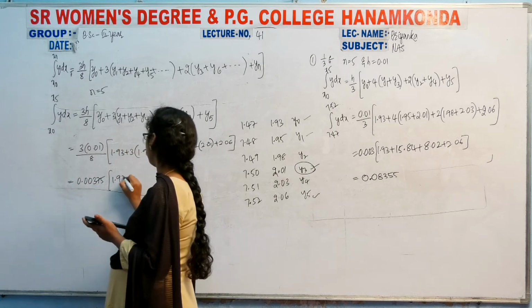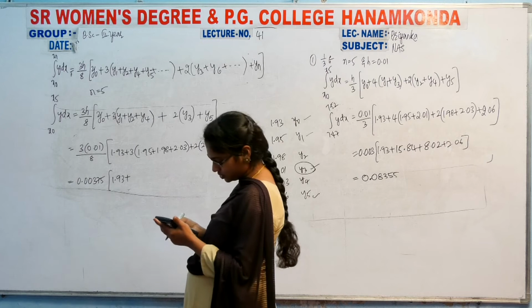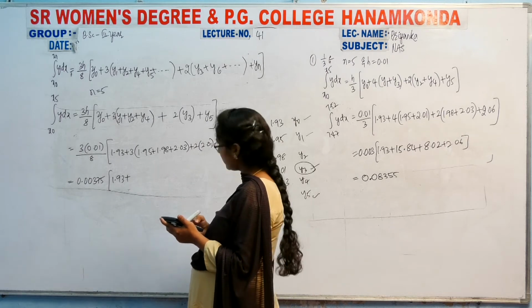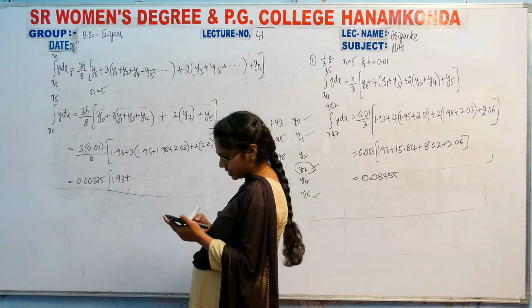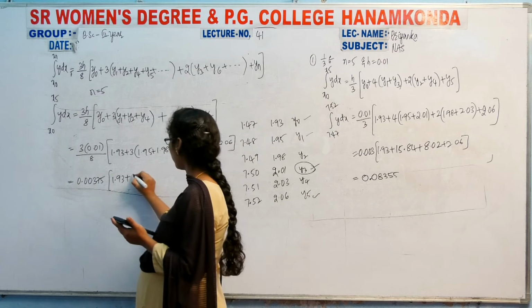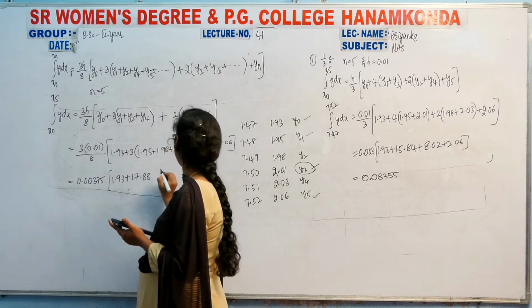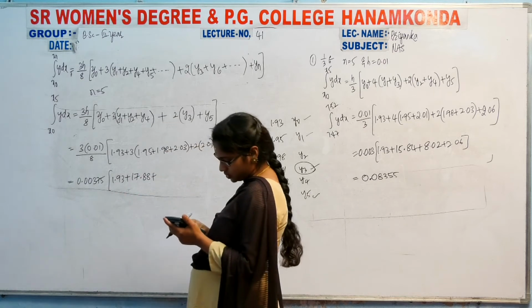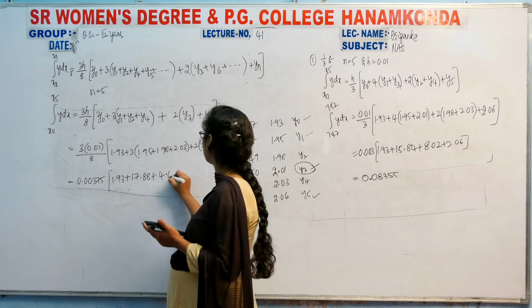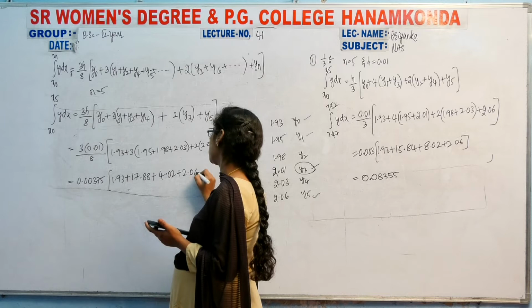Now 1.93 plus, take the sum of these, 1.95 plus 1.98 plus 2.03 equal to, and into 3, so then 17.88 plus 2.01 into 2, 4.02 plus 2.06.